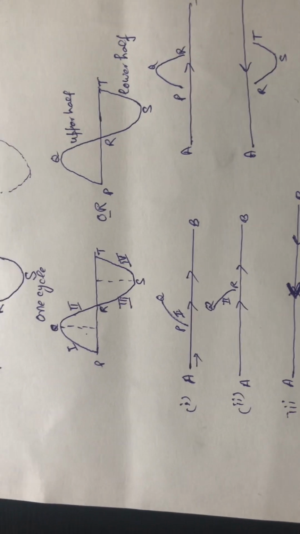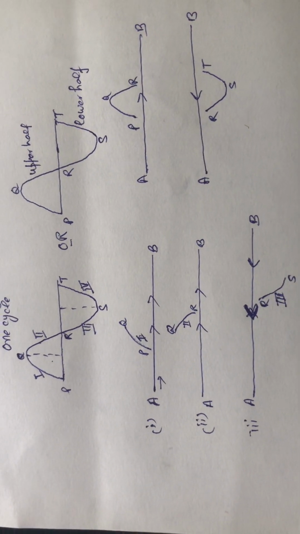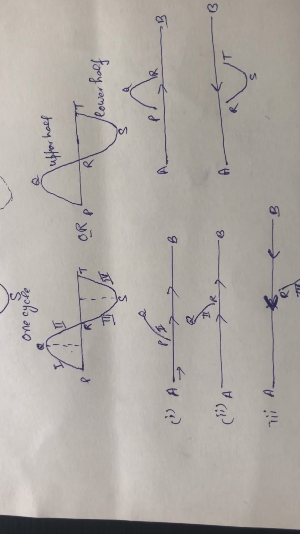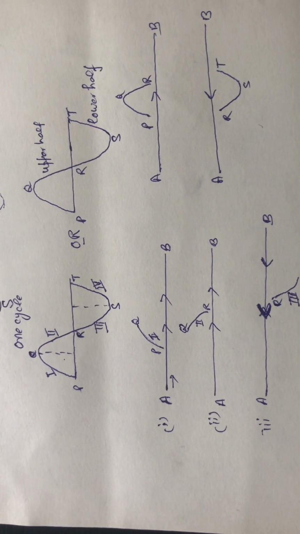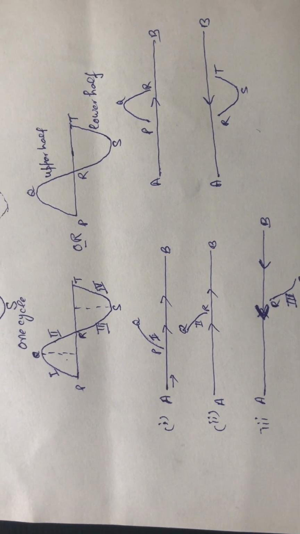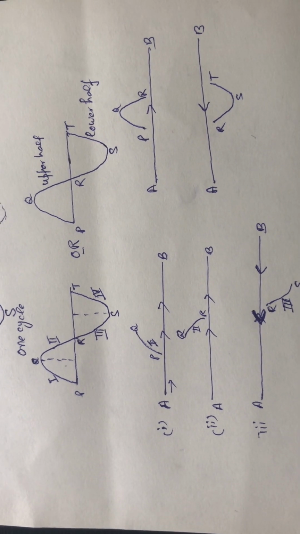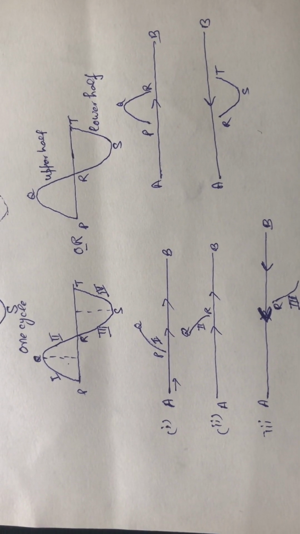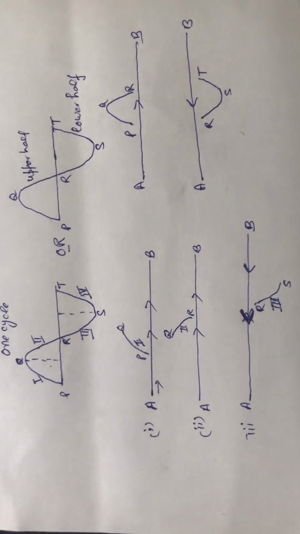Now let's come to the third part. During the third part from R to S, the current has reversed its direction, that means it flows from B to A, and it rises from 0 to maximum value.